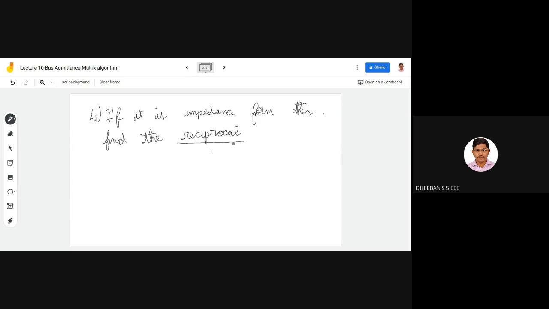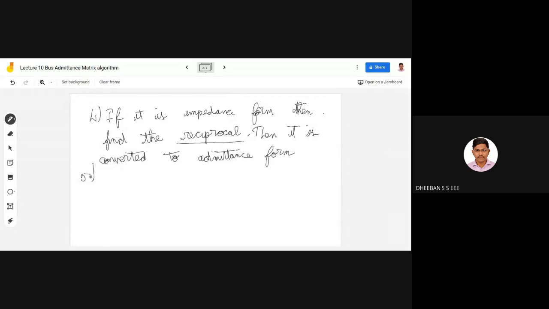So you have to reciprocate it, and then it is converted to admittance form. So this is your fourth step.